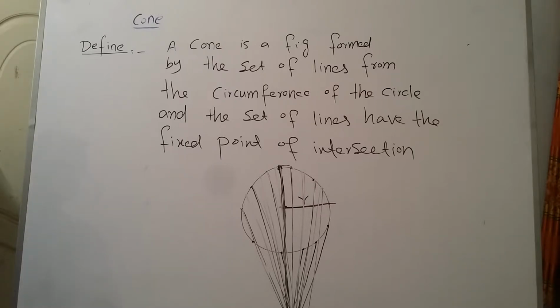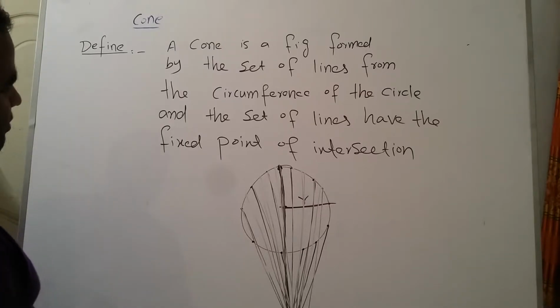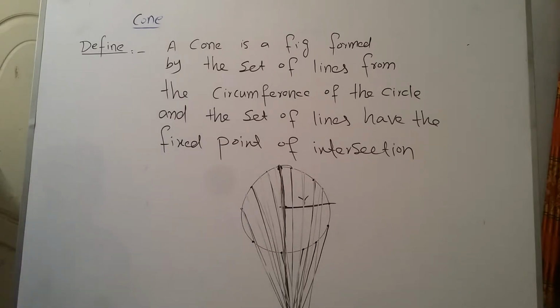So from the cone, four figures form. One is a circle, the second is a parabola, third is an ellipse, and fourth is a hyperbola. How are these figures formed?